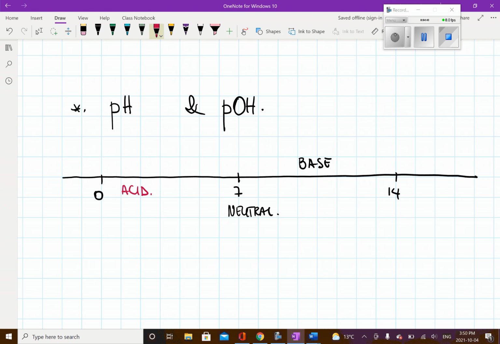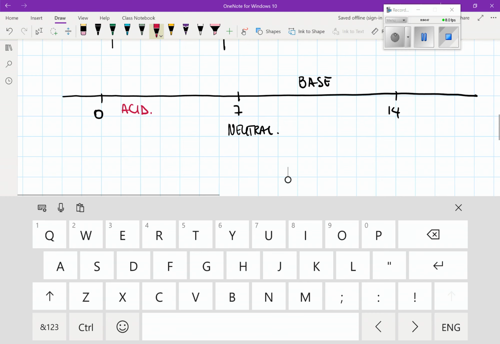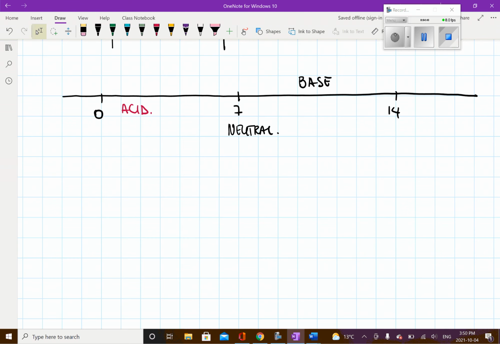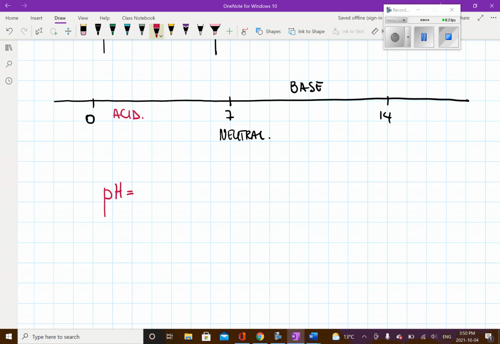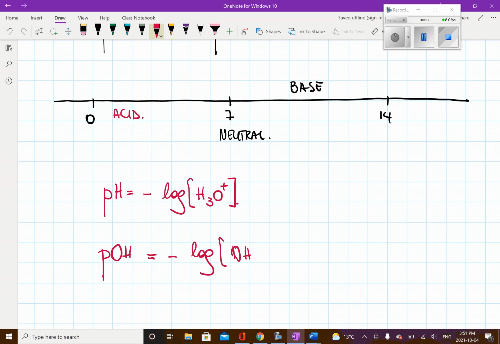Now, pH is the negative log of the hydronium ion concentration, and pOH is the negative log of the hydroxide ion concentration.